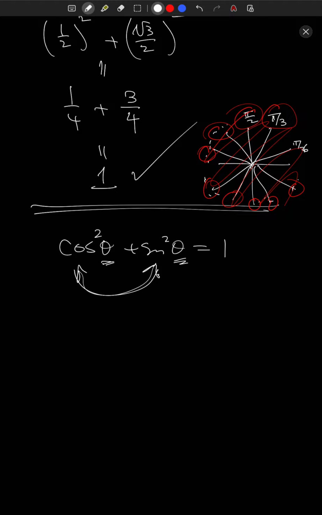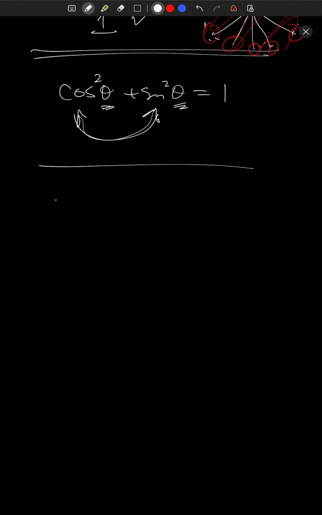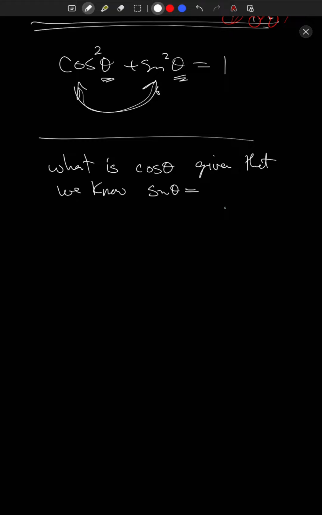All right. So an example would be a problem like this that you'll see on your homework. What is cosine of theta given that we know sine of theta is equal to, let's say, 5 over 13.